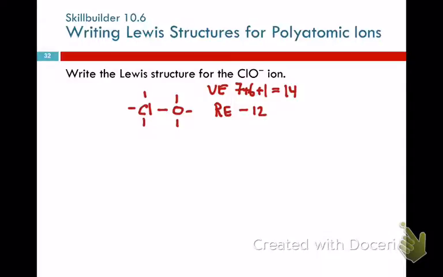Everybody has an octet, so we're going to draw it as Cl, O, and then dots. But again, I like the lines because they're fast and they're very visible. And when you do it that way, you don't tend to lose track. When you do dots, you lose track of them because they're small or your pencil doesn't draw them very dark or whatever the case may be.